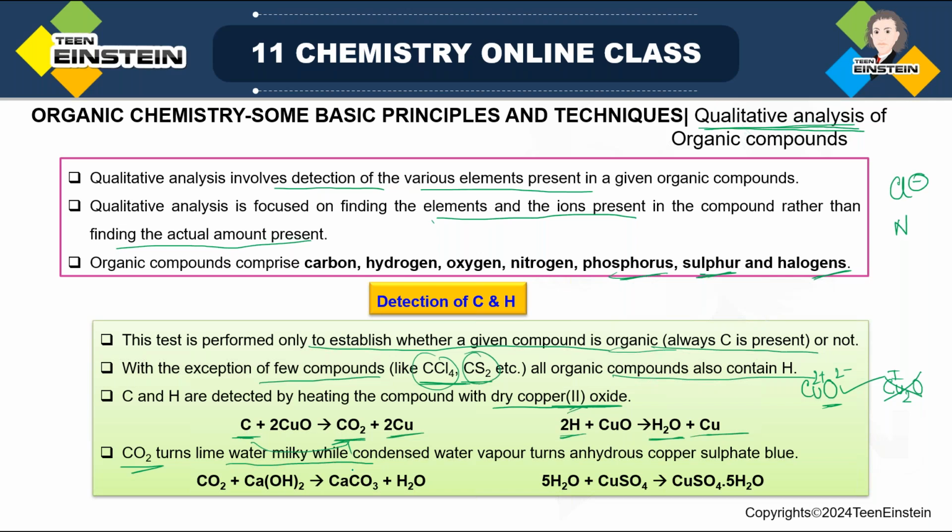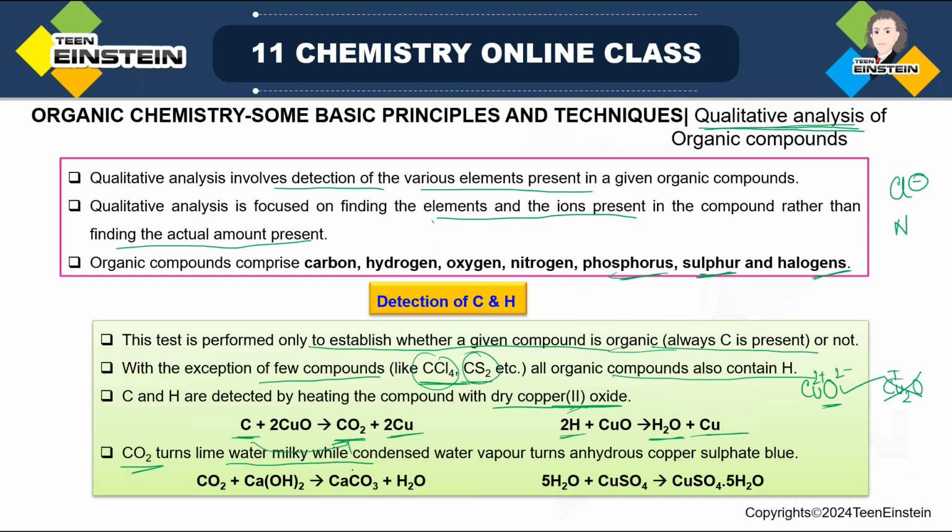So the CO2 gas generated when you do the experiment, if you pass it through calcium hydroxide solution, and the solution turns milky because of the formation of CaCO3, that will prove the presence of carbon dioxide generation.